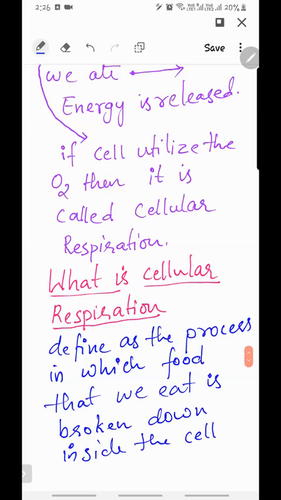See here, food means not just rice or idli, dosa, sambar that you're eating. In that there is carbohydrate like glucose, protein like amino acids, fats like fatty acids and glycerol. These are the components of food. When we combine all this, together it makes a complete food which is on your plate. After digestion, glucose comes from carbohydrates, amino acids from proteins, and glycerol and fatty acids from fats.